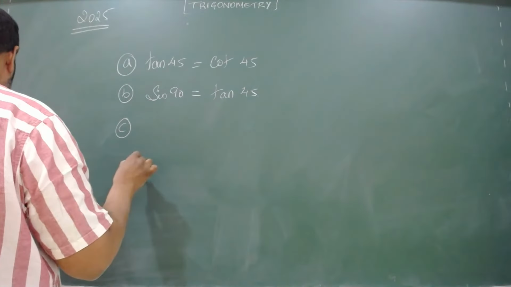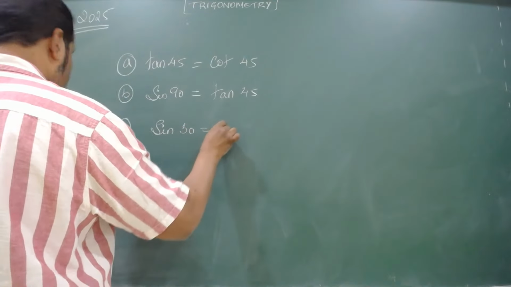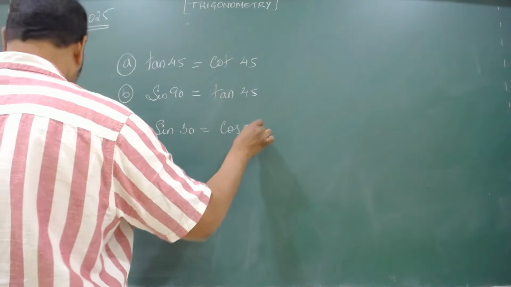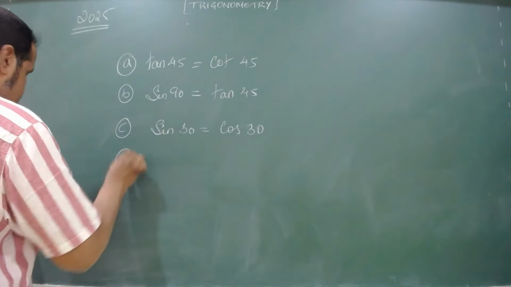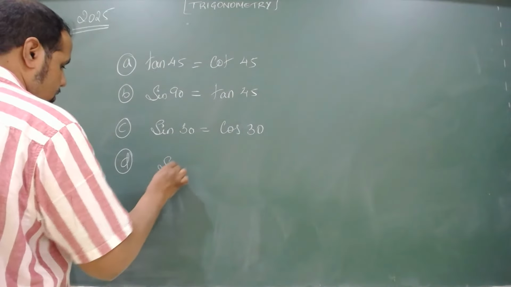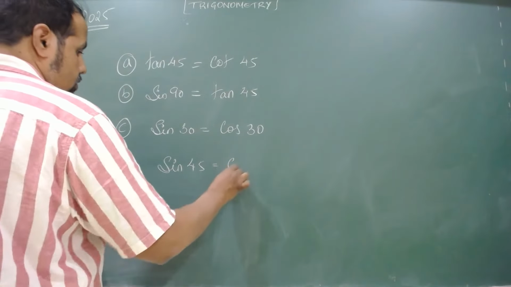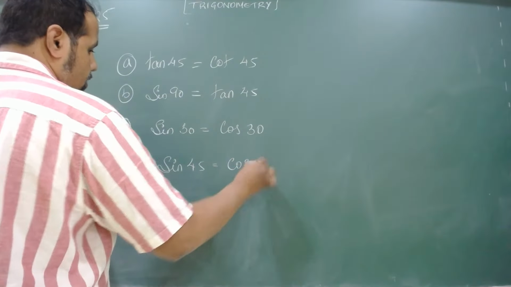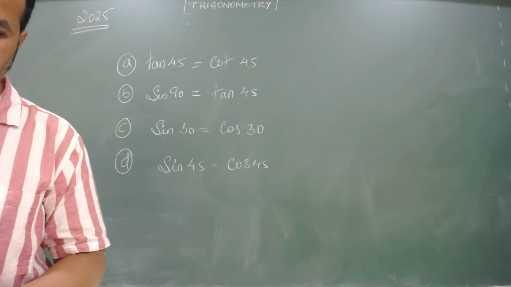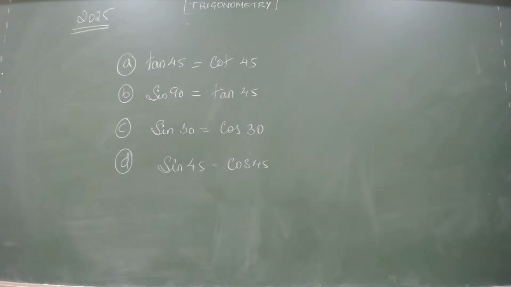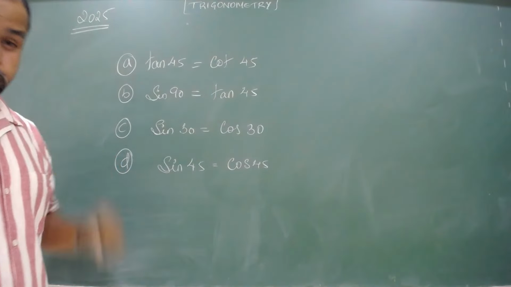Option C, sin 30 is equal to cos 30. Option D, sin 45 is equal to cos 45. Which option is false? We need the false option.